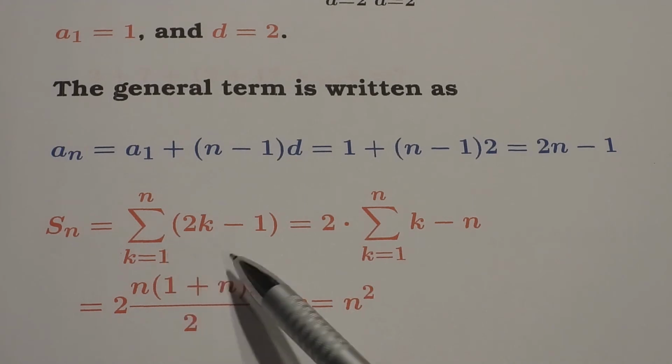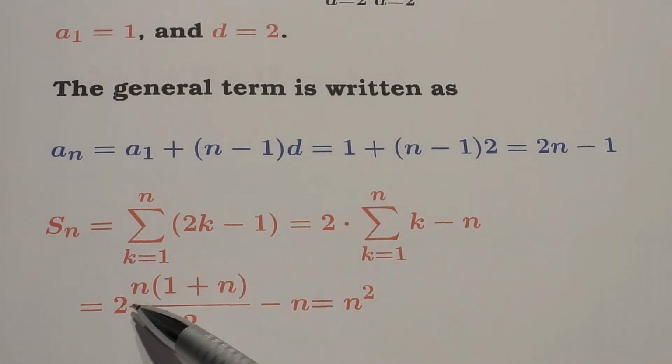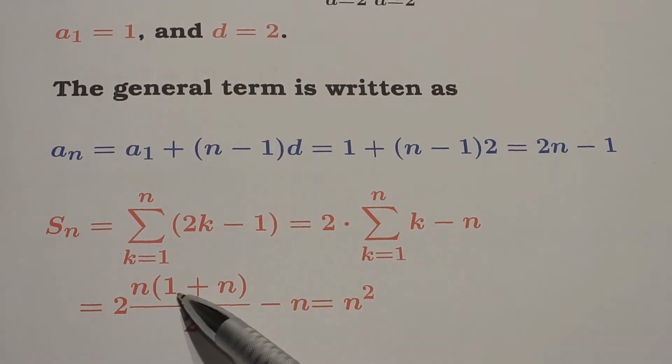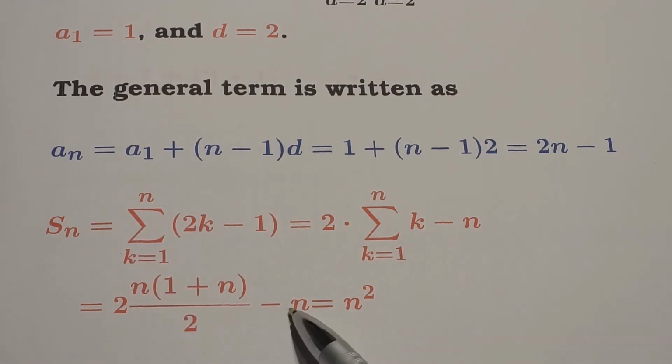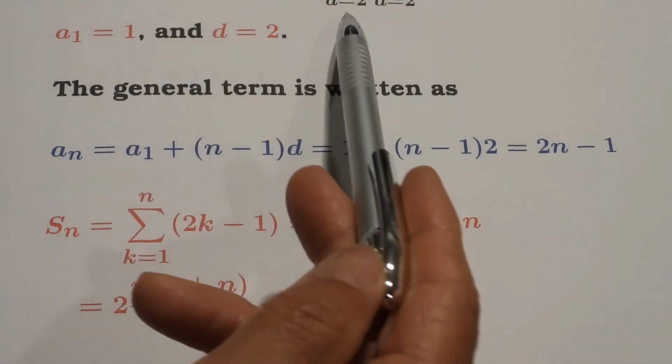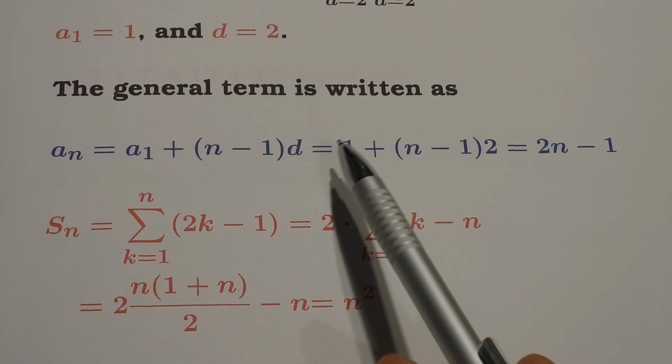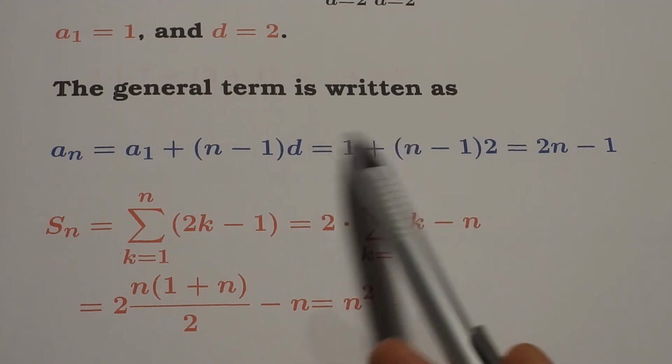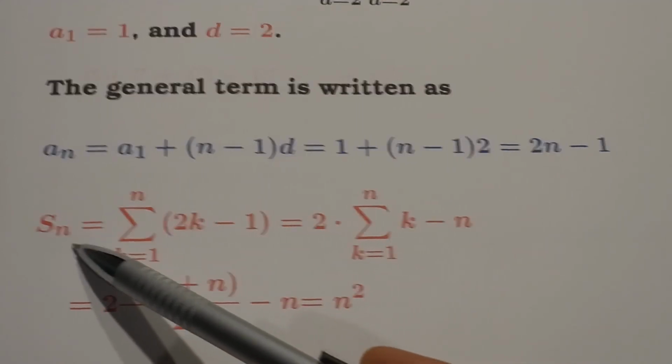So we have here 2 times n per 1 divided by 2 minus n. So this one is n squared. Okay, we try to get the sum. After we get the general term or nth term, we just put sigma notation, then we will get the sum.